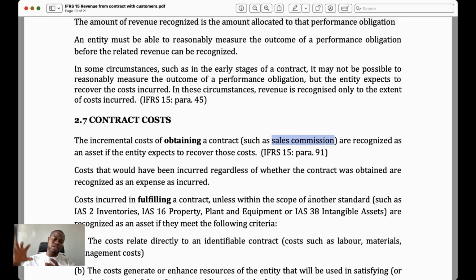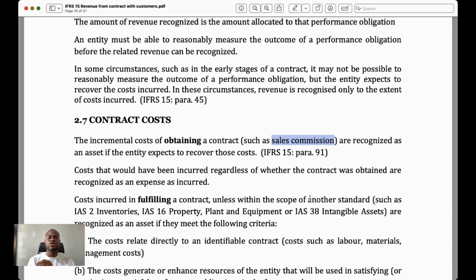You don't need to suspend it by putting it in assets, since regardless of whether the contract is obtained or not, you would pay the money. If you have entered into that kind of arrangement with a marketer, then expense that contract cost. That's the cost of obtaining a contract.